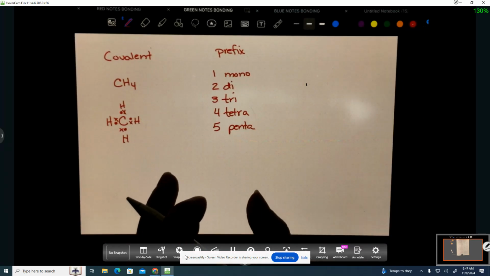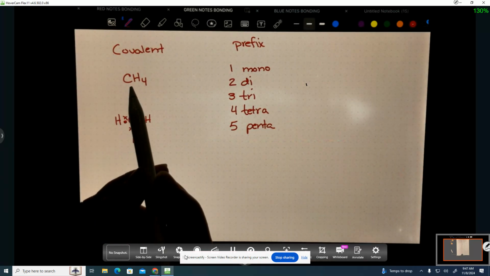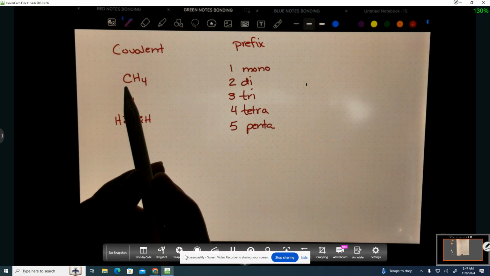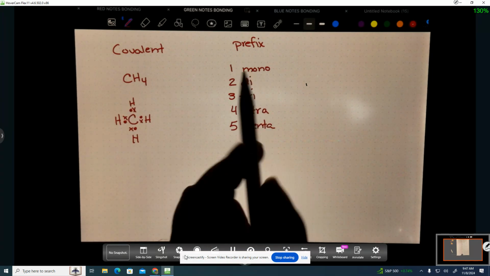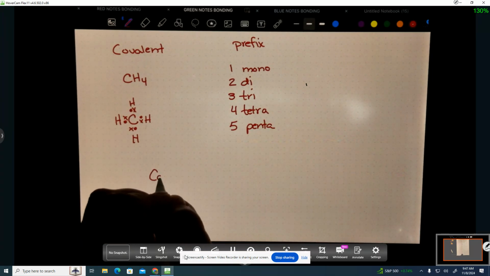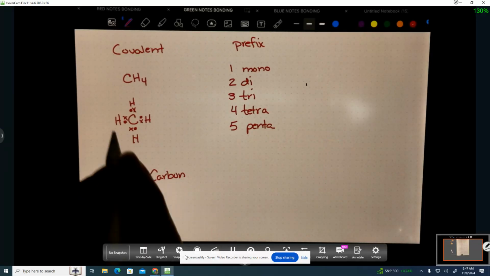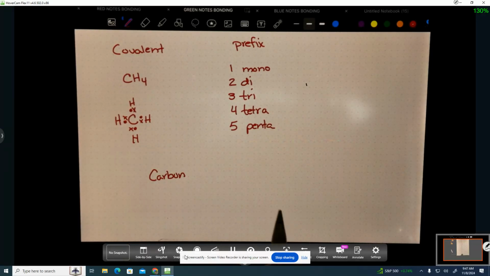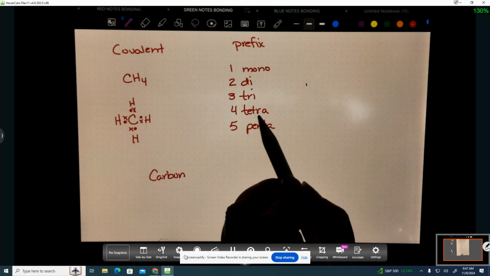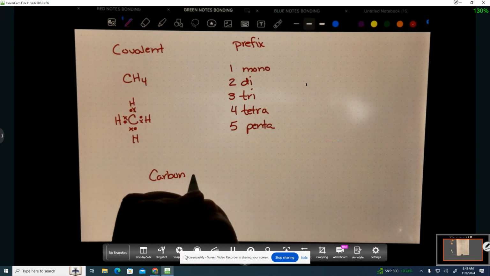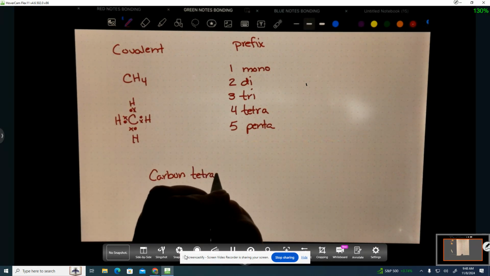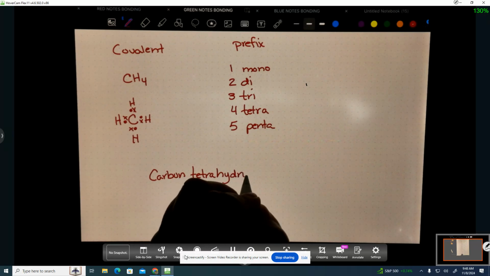So if I want to name this, I have 1 carbon. Because that carbon is the first one in the compound, I don't use the word mono. I just say carbon. And I've got 4 hydrogens, so I say tetra for 4, hydride. Tetrahydride.